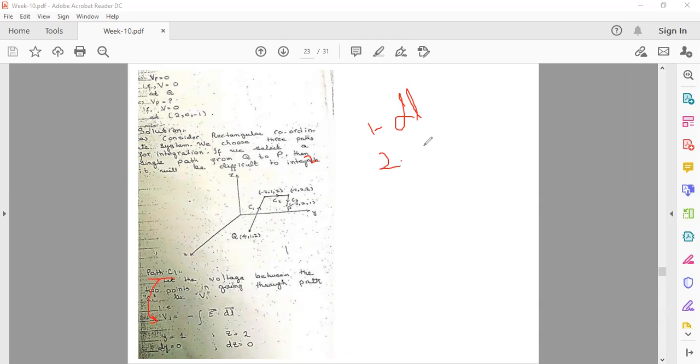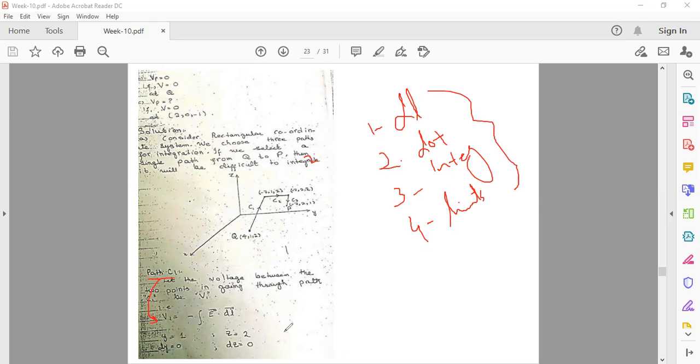The second point is the dot product of E dot dL. The third step is applying the integration, and the fourth point is putting in the limits of integration. So remember these 4 points. On the basis of these 4 points we have to solve this numerical.